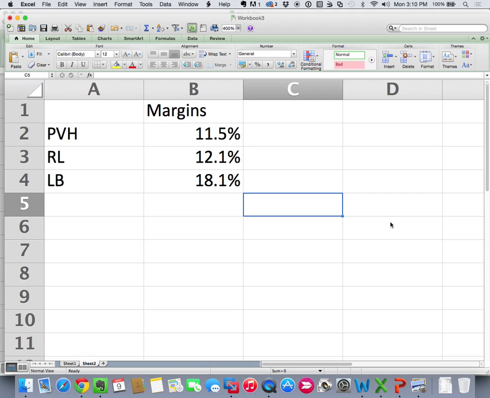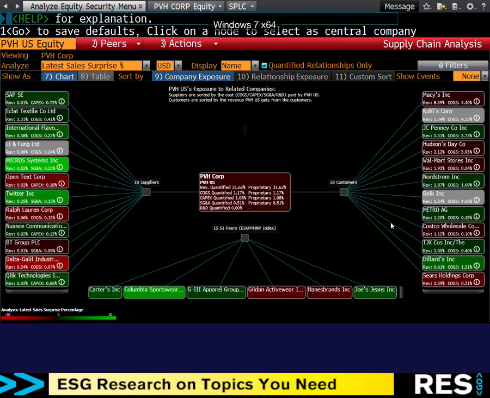Why do they have the lowest margins? That's right. Look at these retailer lists. A lot of these, Costco, TJ Maxx, Kohl's, JCPenney. These are not your high-end retailer brands.